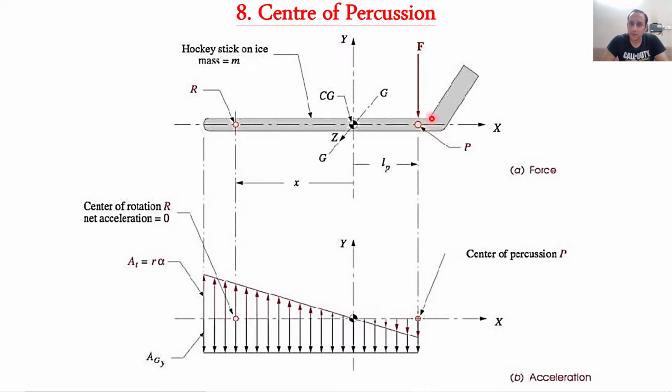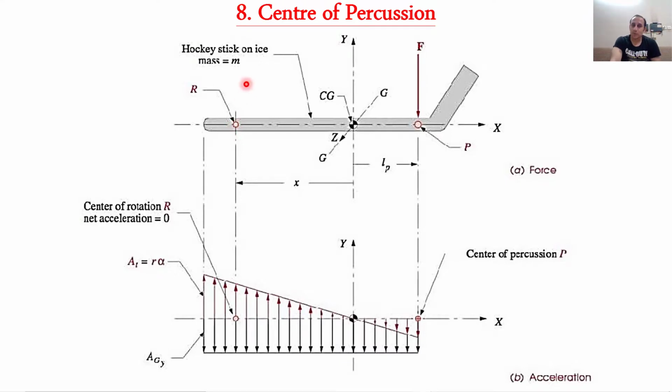But in this example, we know LP, but we need to calculate XP. Let's say we know that the force is going to be applied at a particular point. Now we need to determine the second point of the pair, which is the point of rotation or center of rotation, with the help of which we can minimize the reaction due to this force. The reaction force as a result of this force will produce a linear acceleration if we do not hold the hockey stick at this point.